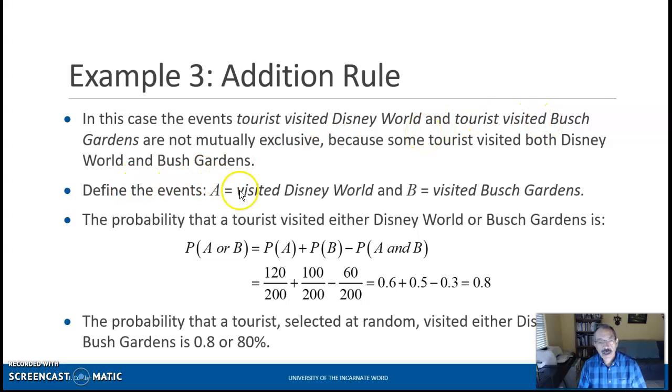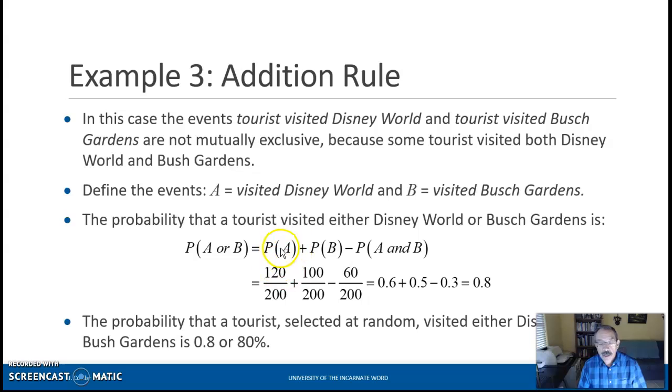If we define the events, as we said before, visited Disney World and visited Busch Gardens, then the probability that a tourist visited Disney World or Busch Gardens, or the probability of A or B, is going to be the probability of A, the tourist visited Disney World, plus the probability of B, the visitor visited Busch Gardens, minus the intersection where the tourists visited both places.